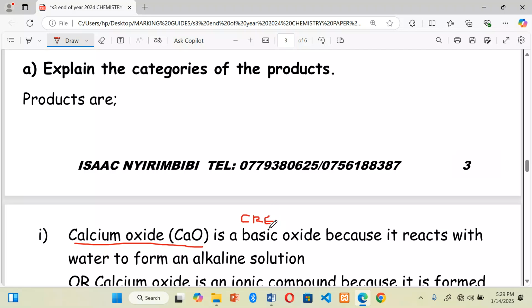Now, in this case, we already have the example, which is calcium oxide. So our work is to categorize it and we give the reason. So calcium oxide is a basic oxide, that is the category, because it reacts with water to form an alkaline solution. This is the reason.